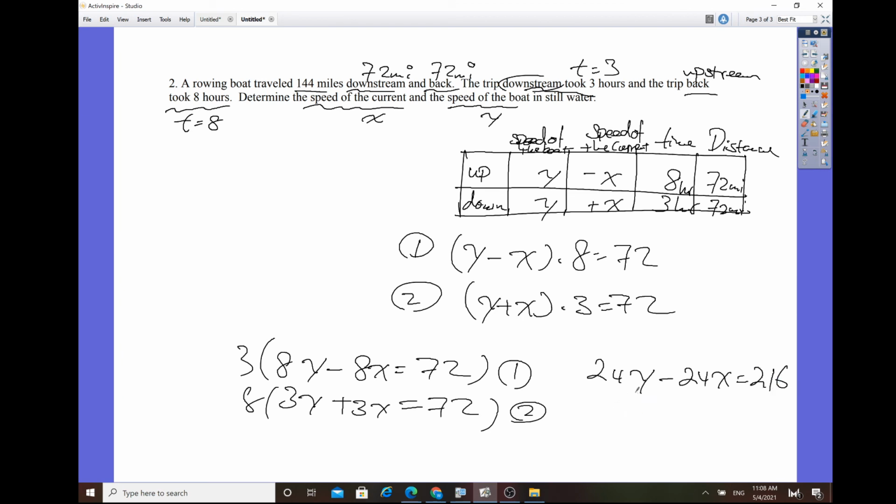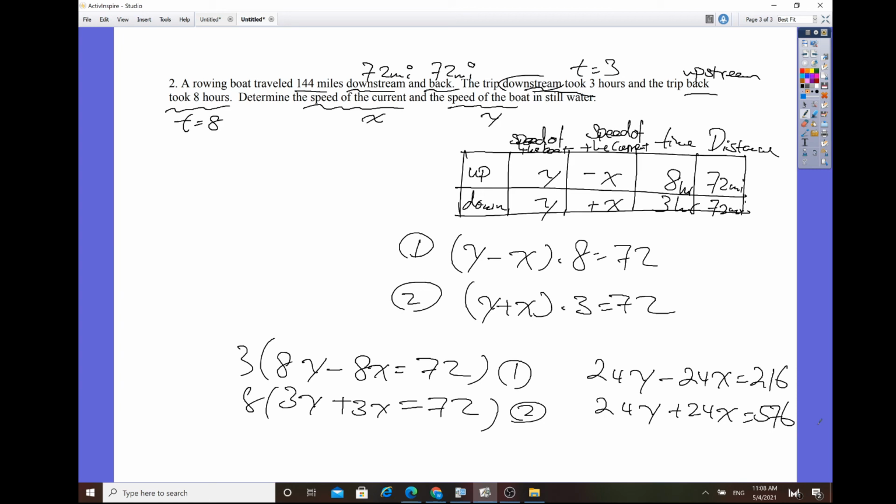And then over here, 24y plus 24x equals 8 times 72. 8 times 2, 16. 8 times 7, 56 plus 1, 57, so 576.